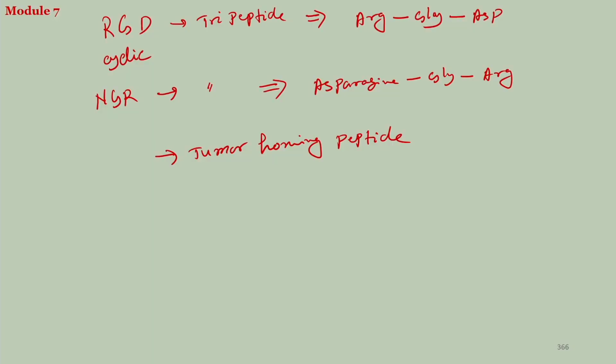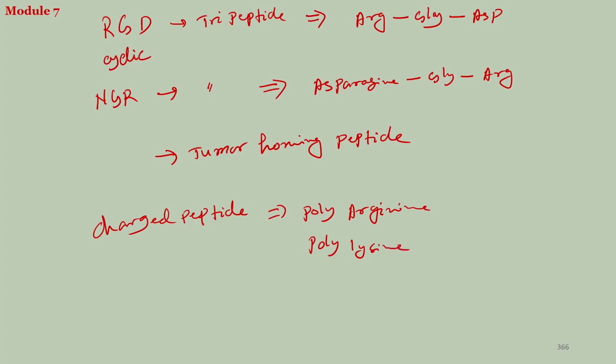Now, another kind of peptide sequences, mostly the charged peptides, peptides which have multiple positive charges. For example, polyarginine sequences or polylysine sequences.